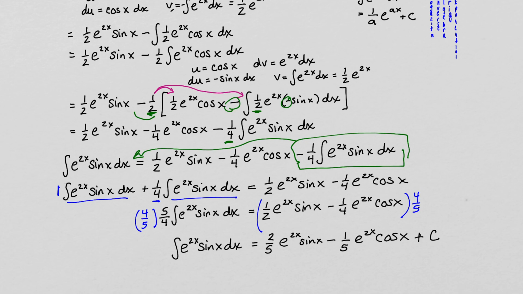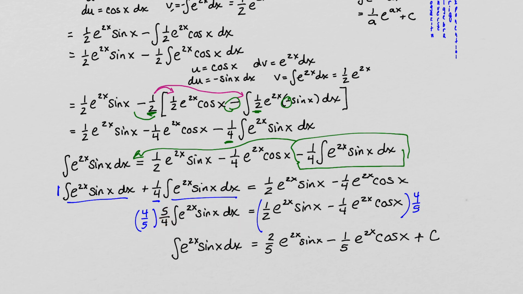So can I explain again where the 4/5 came from? Yeah, sure. So I had this 5/4, right? And I want to get rid of the 5/4 because I want to just get down to this integral. So I want something that when I multiply by 5/4, it goes away. So I just basically flipped it.